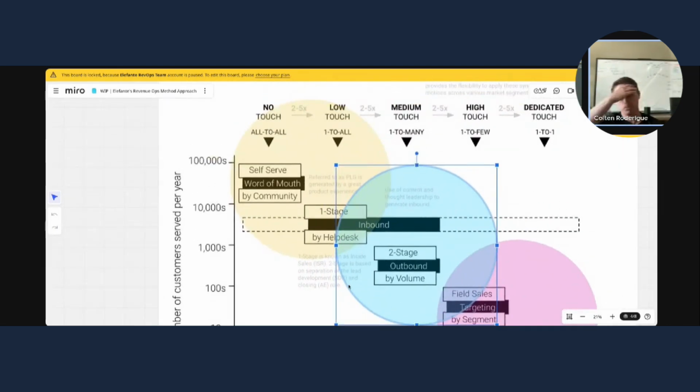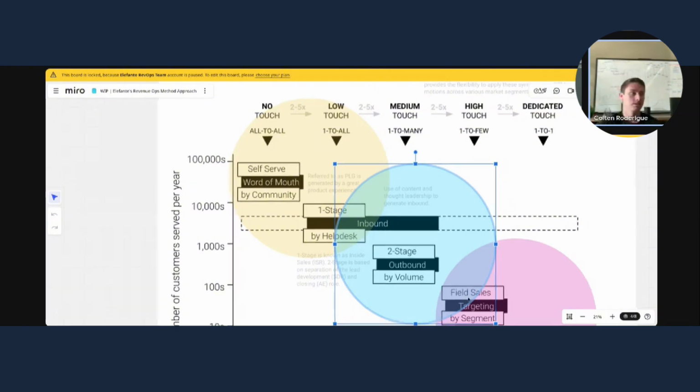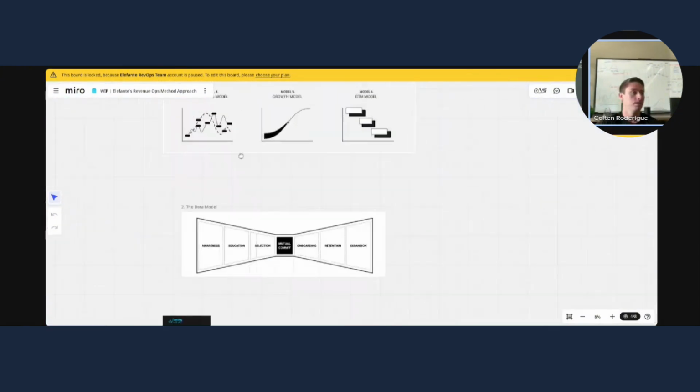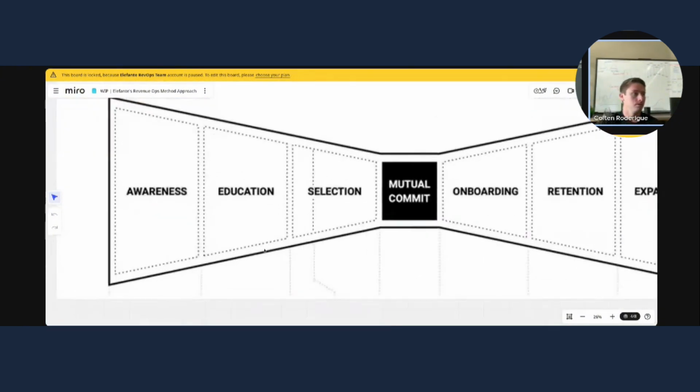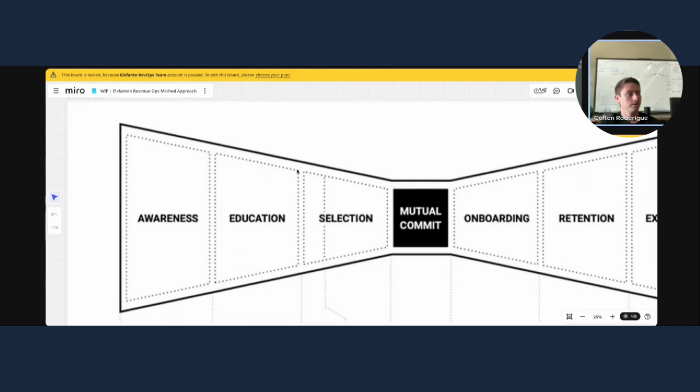But the most common ones for you guys to understand is a one-stage sales process. And when I say one-stage sales process, I mean there's one salesperson that takes the lead and brings them all the way to customer, right? So the salesperson will take a lead from education and all the way to mutual commit, right? So that's a one-stage sales process.